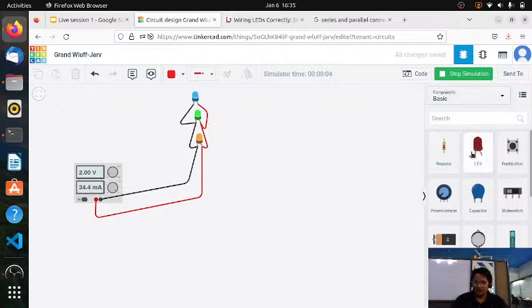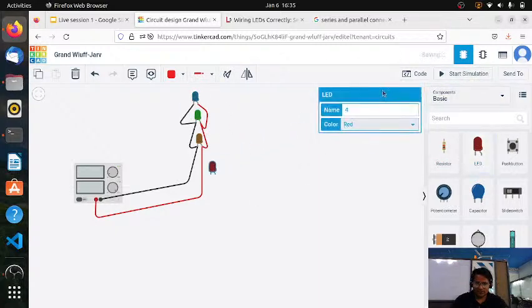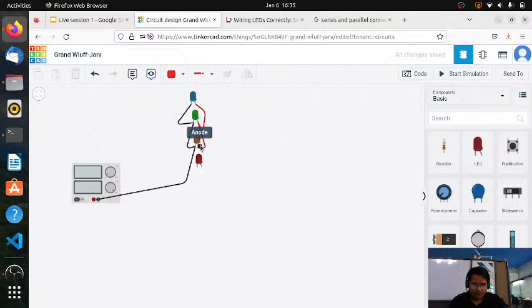I will show one more LED. Let's connect one more so that it will be more clear. This is positive, we have to connect to positive, and this is negative, we have to connect to negative.